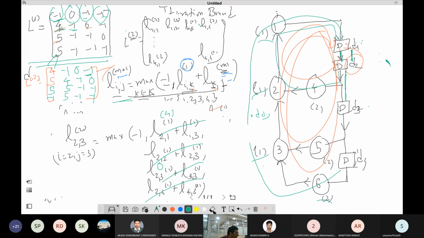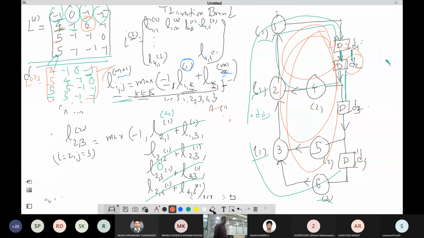Okay, so I believe that you are able to get L2. Excuse me, sir, how did L231 come as 0? L231, okay, you are talking about this element.